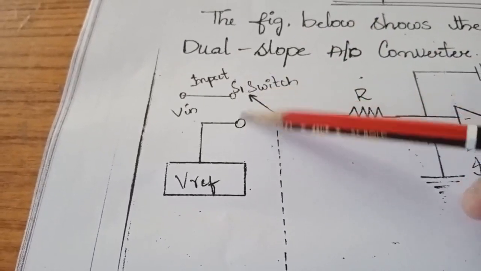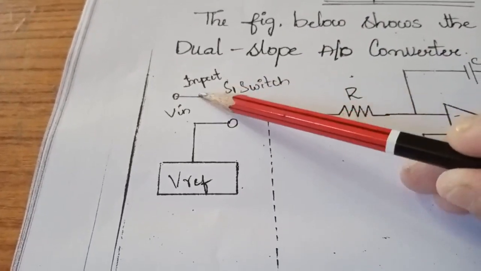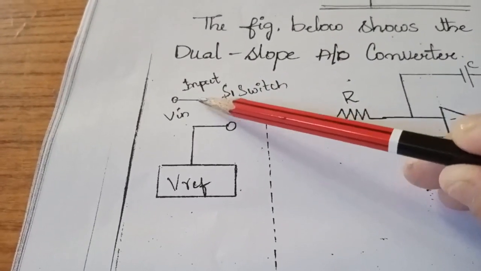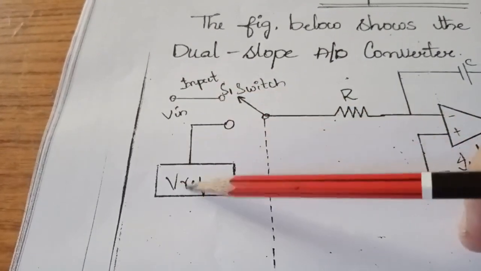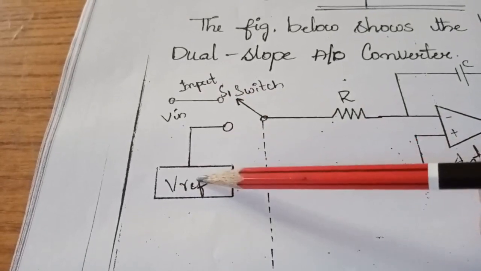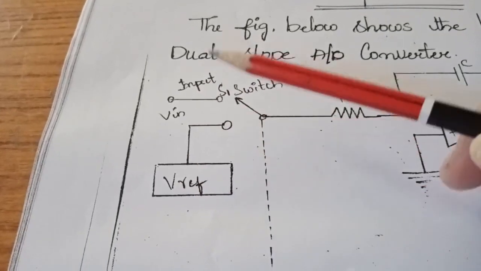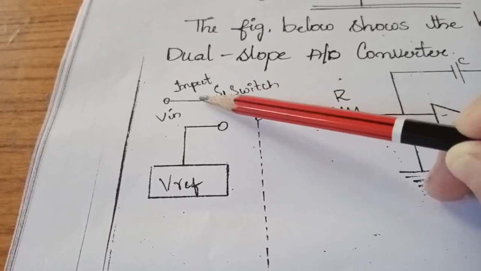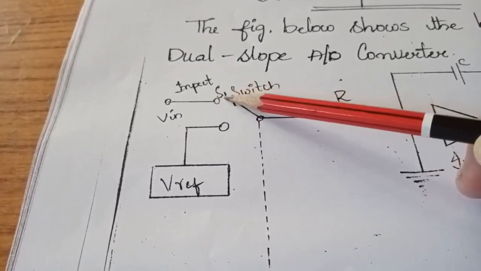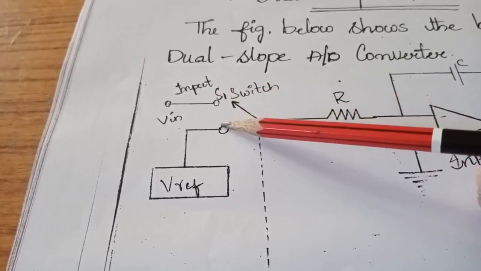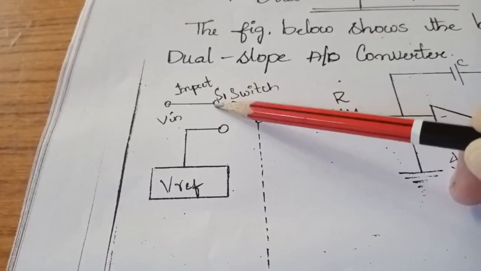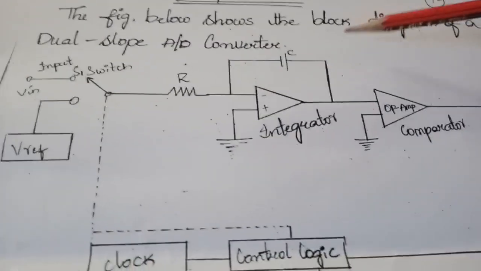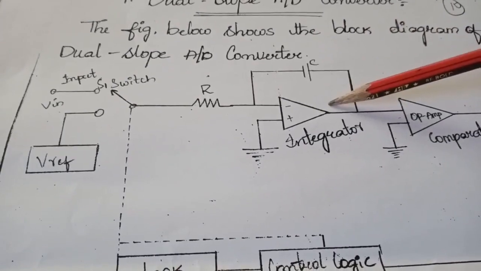The switch is between both. This is the input, which will be variable, and this is the reference voltage, which will be fixed. First the switch will connect to Vin, then it will switch to the reference voltage. When it is switching, it automatically affects the integrator.